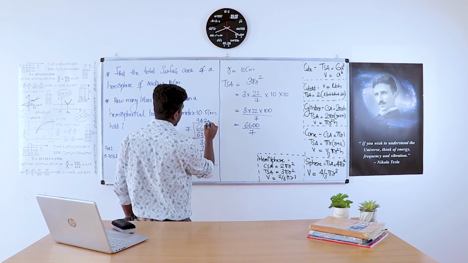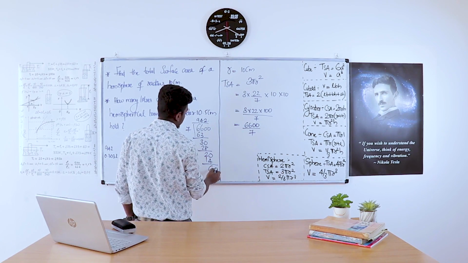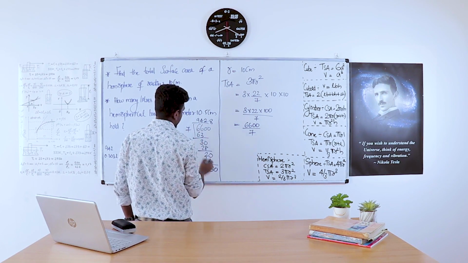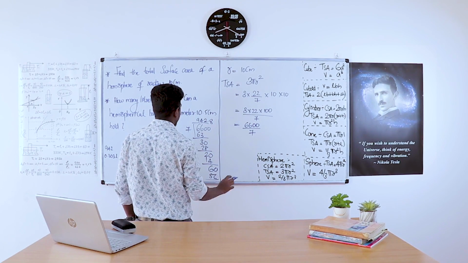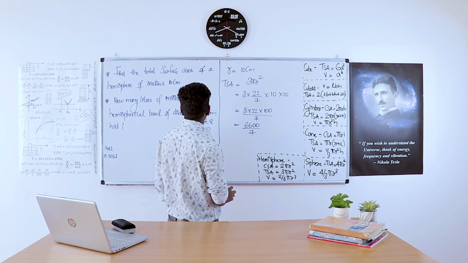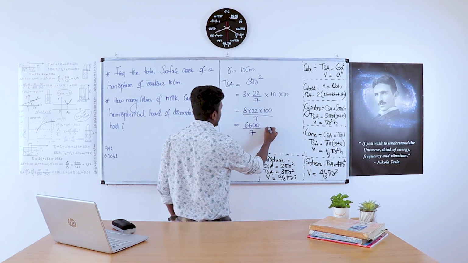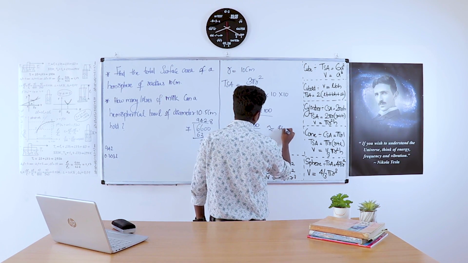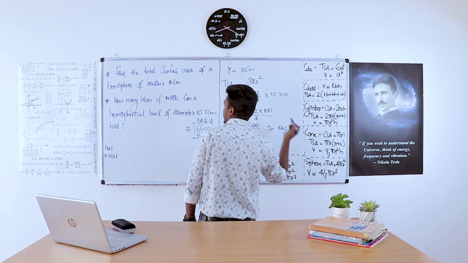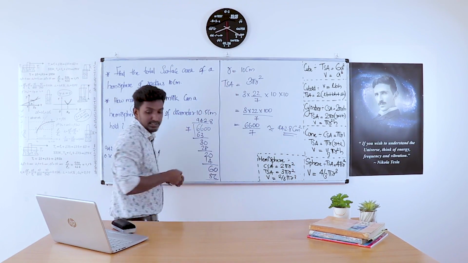Remainder 6. It is 8 into 7, 56. Then it goes like this. So it is approximately equal to 942.8 centimeter square.